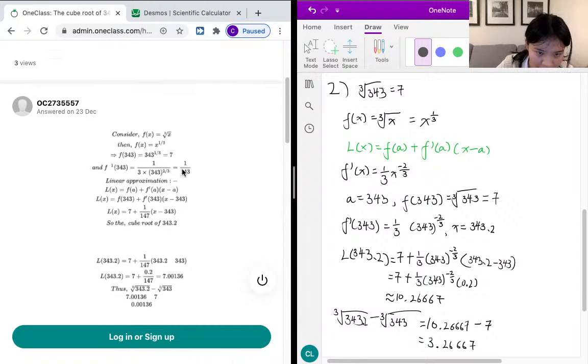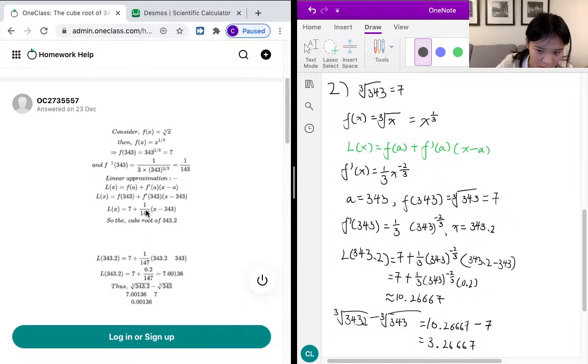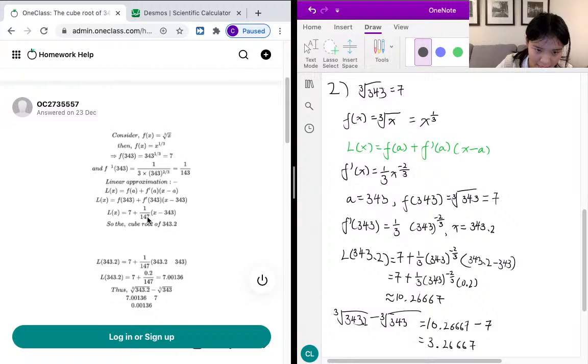I'm not 100% sure, and then they use linear approximation. But right over here, they said that the value of f prime of a is 1 over 143, but then they change it to 1 over 147, which is not correct, I don't think.